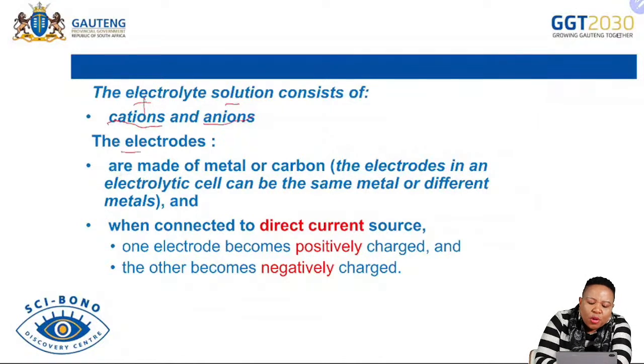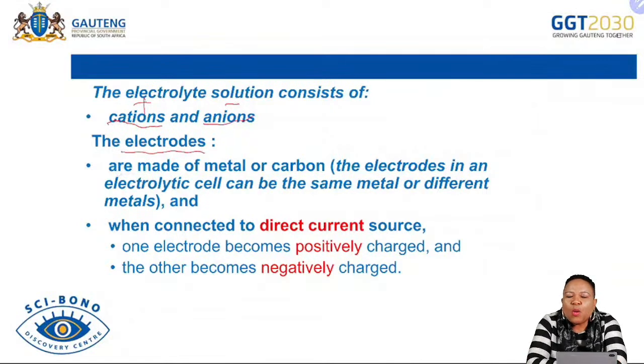Therefore, we are going to use our electrodes as our electrical conductors. We need to make sure that those electrodes can allow the movement of electrons from one part of the cell to another. So we normally use metals or carbon as our electrodes in an electrolytic cell.